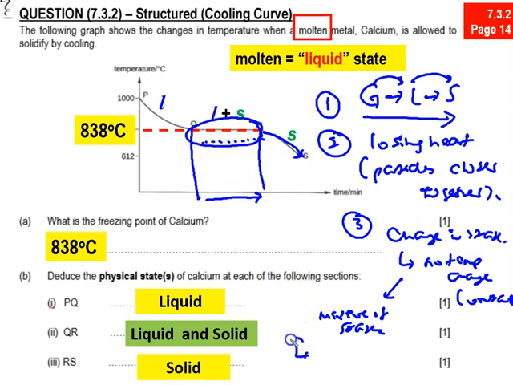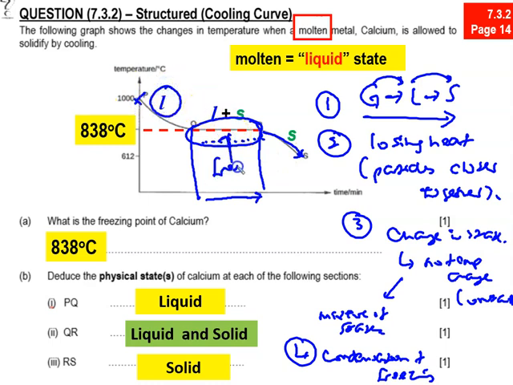Now the fourth thing that you must remember about the cooling curve is we are not talking about melting or boiling. We are talking about condensation and freezing. Which part of the graph will be condensation or freezing? You must really look at the starting part. If the starting part is liquid, then you can only talk about freezing.